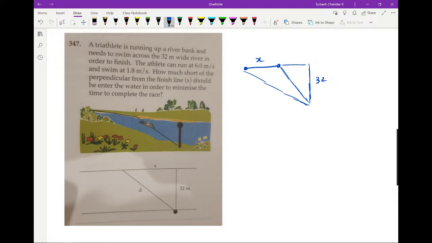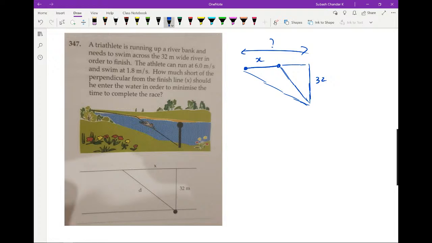What do you understand, Dave? The way I did it, I usually have this distance here, but I don't actually have this distance. I know the time, how much short of the perpendicular from the finish line should he enter the water? Nah, Kian, sometimes these questions just don't give us any kind of information. I need one more bit of information. At least that's how I've seen this question before. And the answer that they've given is this.